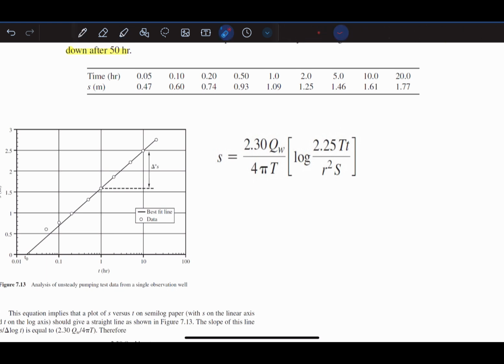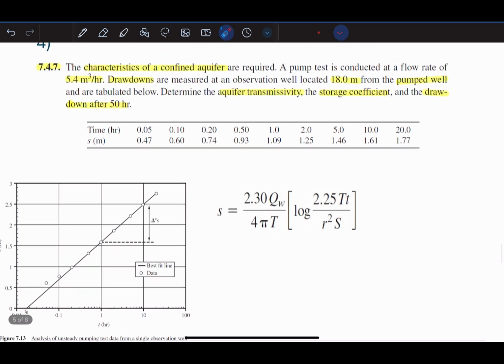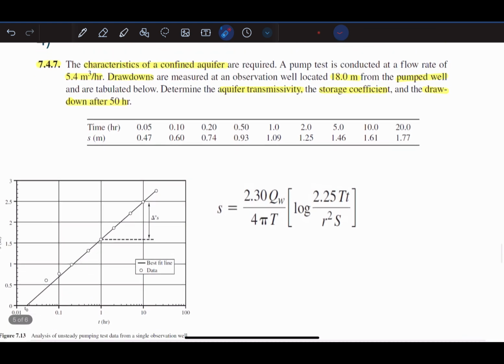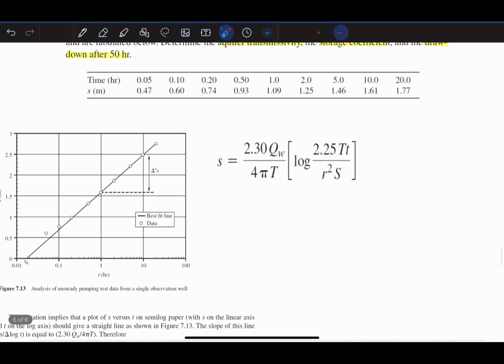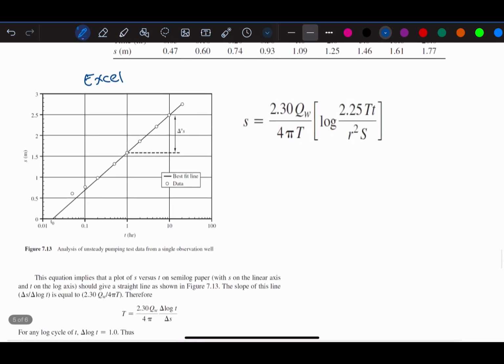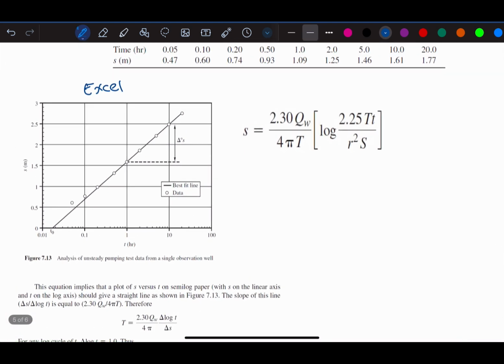So here in this table, we can see measurements from the observation well for each of these times, and we can see drawdown values. First of all, you can use Excel, for example, to create this plot, where we will have drawdown on the y-axis, and time on the x-axis.